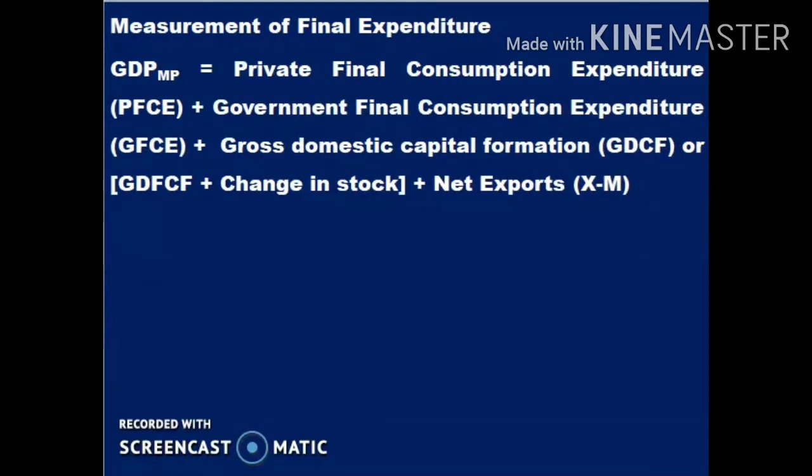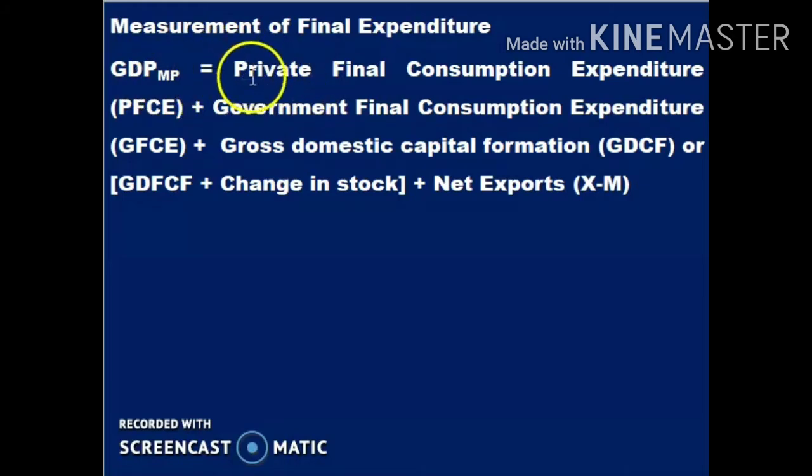Next, how is final expenditure measured as per the expenditure method? First you have to find GDP MP. What is to be added?